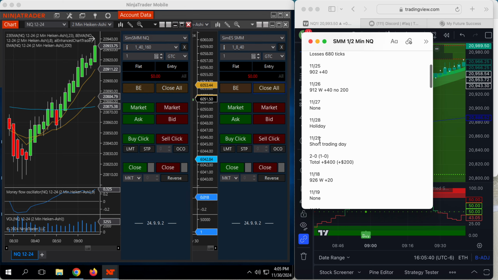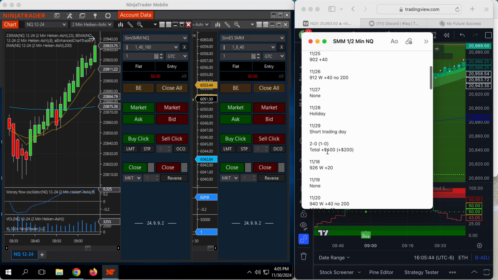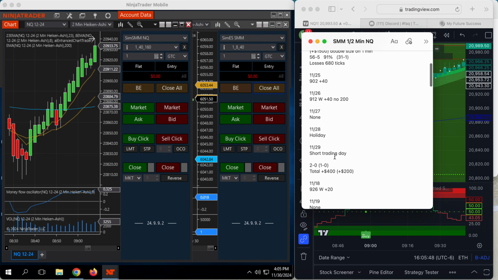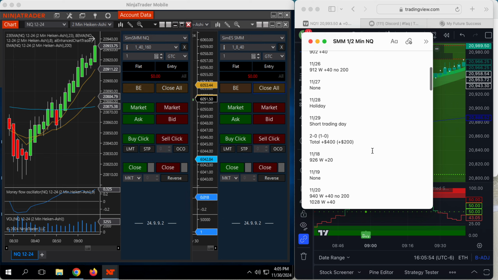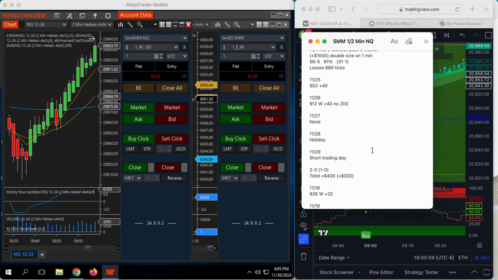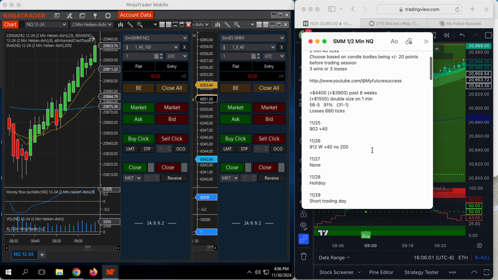The day we were looking at was the 29th, right after the holiday. And so I'm keeping track of all the wins and losses if you filter out. So in parentheses are all of the ones that are only against the 200 EMA. That way you can see if it's net profitable or net loss, should you even be taking those?